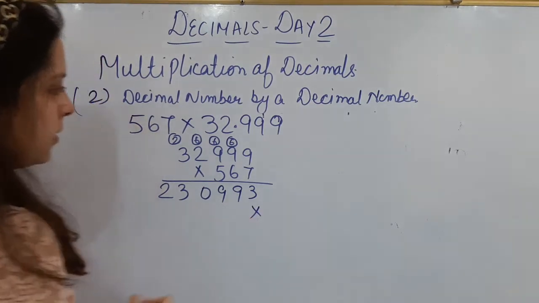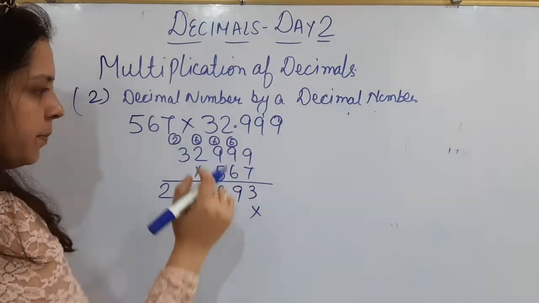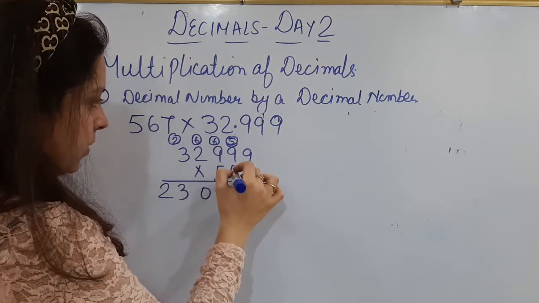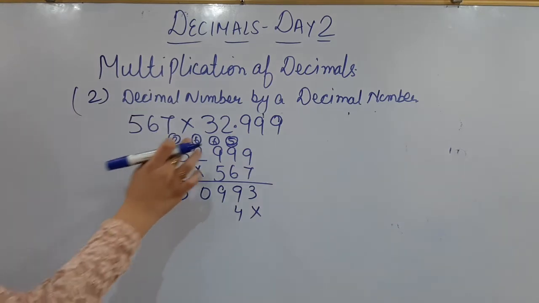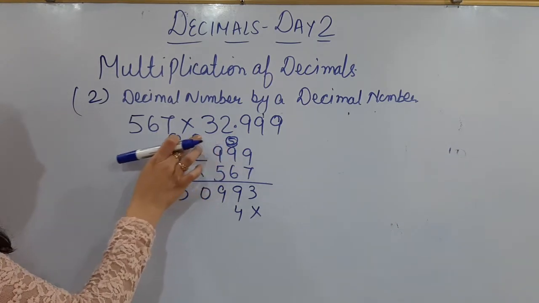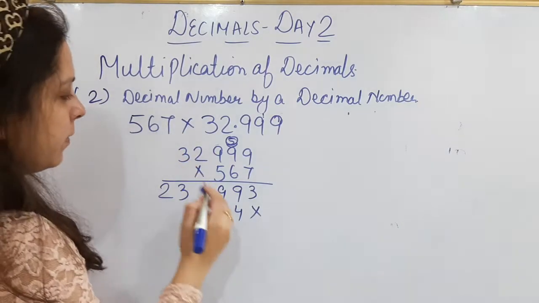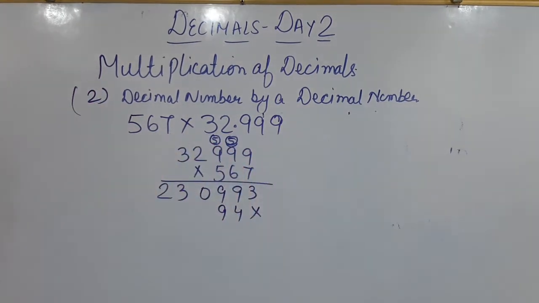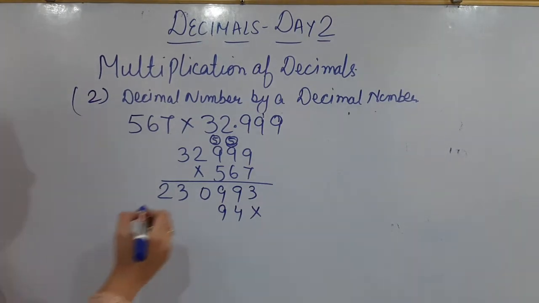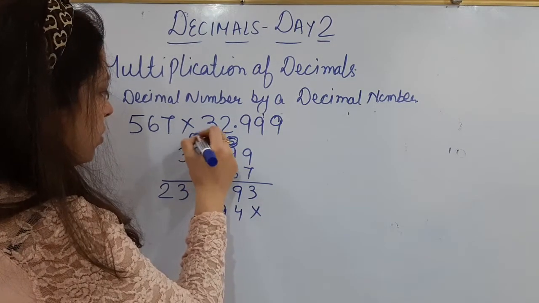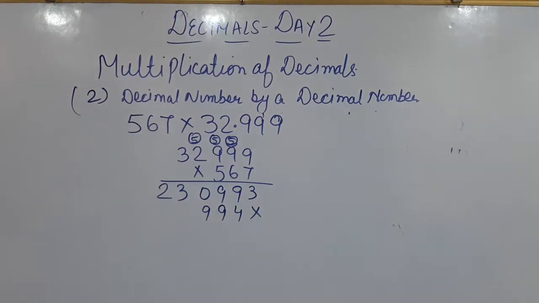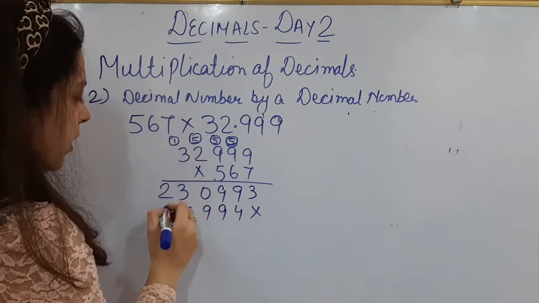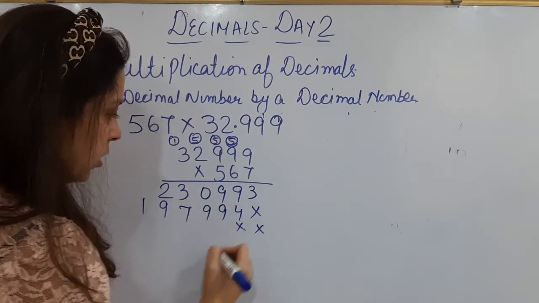Now 6 times 9 is 54, 54 plus 5 is 59. 6 times 9 is 54, plus 5 is 59. 6 times 2 is 12 and 12 plus 5 is 17. 6 times 3 is 18 and 18 plus 1 is 19.